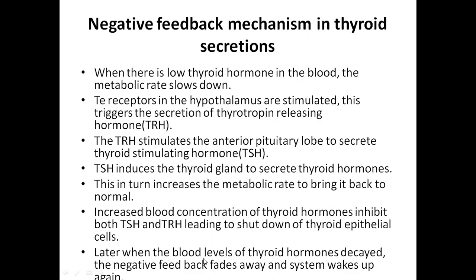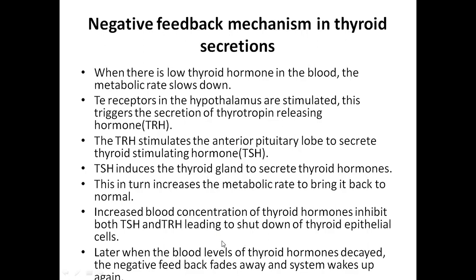Now the blood level of thyroid hormone decays, the negative feedback fades away, and the system wakes up again. So this process started with the slow metabolic rate, stimulated the hypothalamus and the pituitary, released TSH, and released the thyroid hormone.